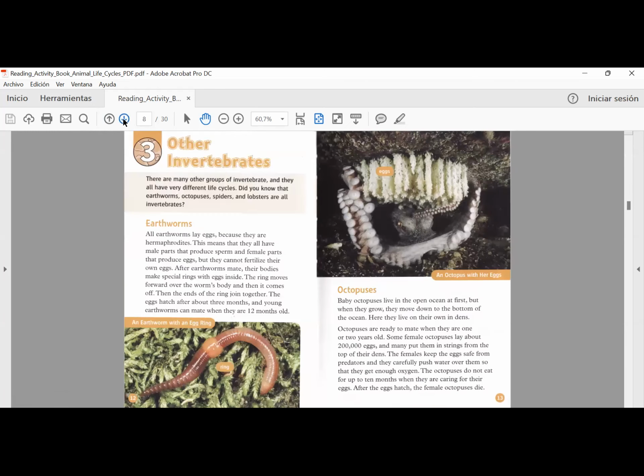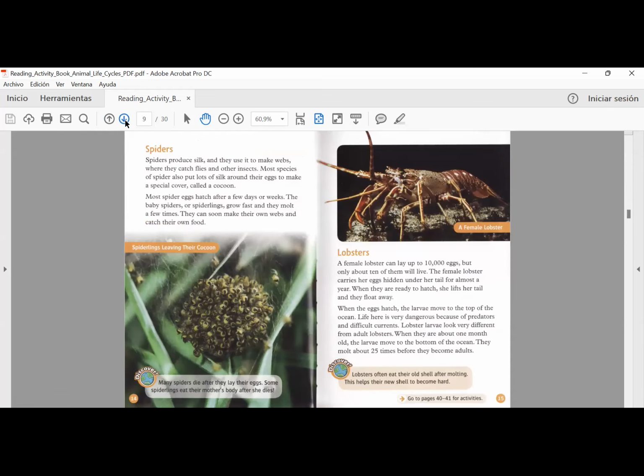about other invertebrates, for example, earthworms, octopuses, spiders, lobsters.